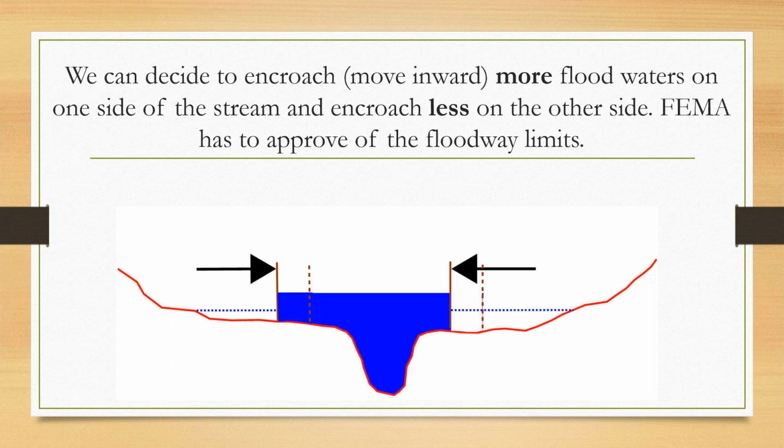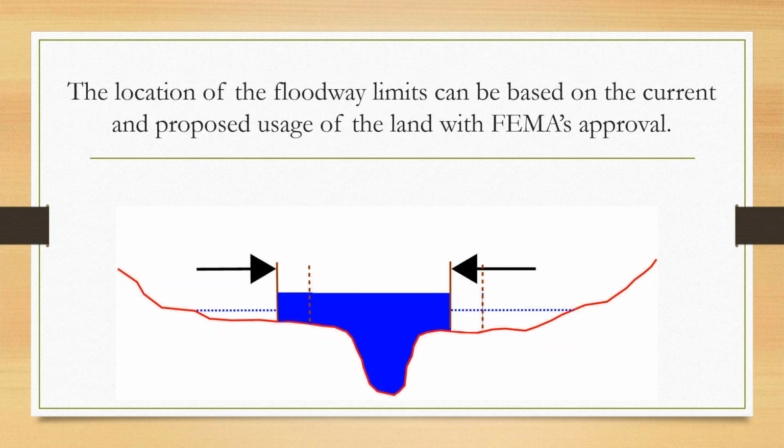Usually it has to do with, let's say, a proposed development that's coming on one side of the channel, and we would like, for the benefit of progress, for that floodway to be shifted to the other side. Well, that is a reason enough for FEMA to consider allowing that floodway to move to one side of the channel.